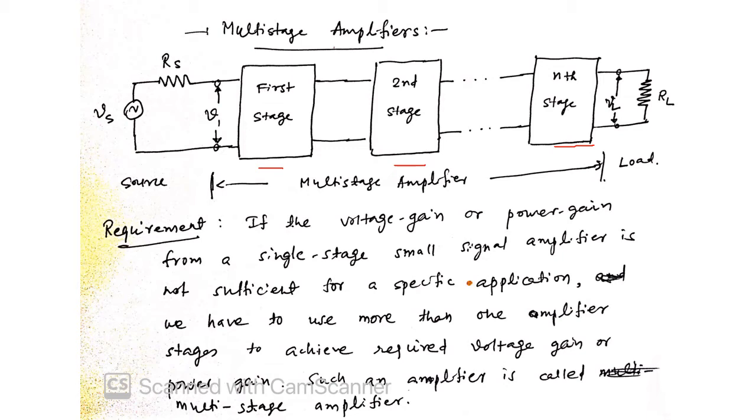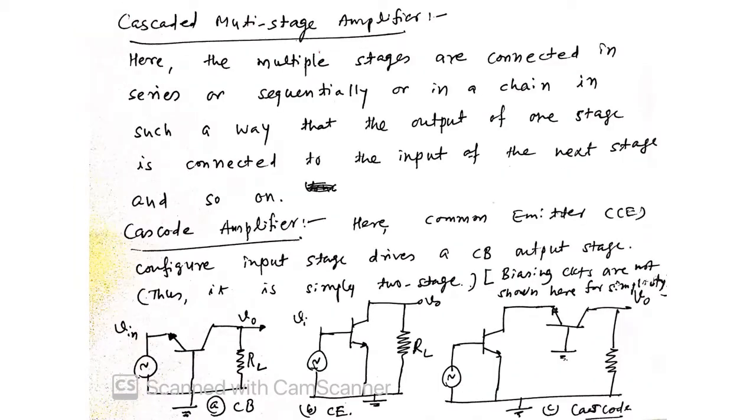So there are two ways we can have multi-stage amplifiers. One is cascaded and another is cascoding. In cascading, as we have shown in this circuit, the single stage amplifiers are connected in series.